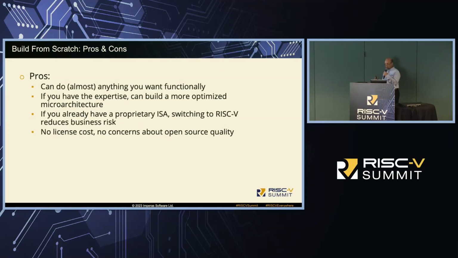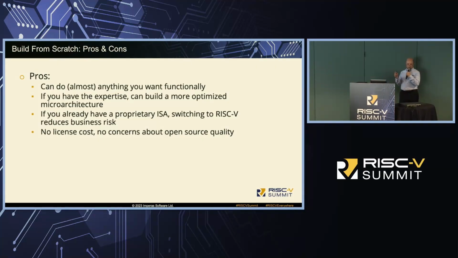Our first customer at Imperas, our first RISC-V customer, so we existed well before RISC-V. We support many other architectures besides RISC-V. But our first RISC-V customer had a proprietary architecture. And when we asked them why they were switching to RISC-V, they said, well, it's going to be just as easy or just as difficult to build the processor.